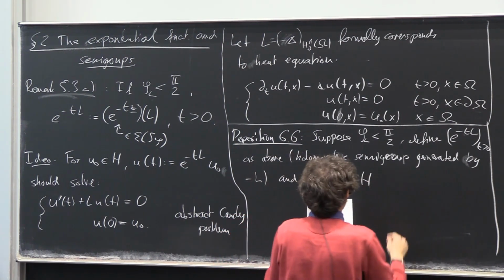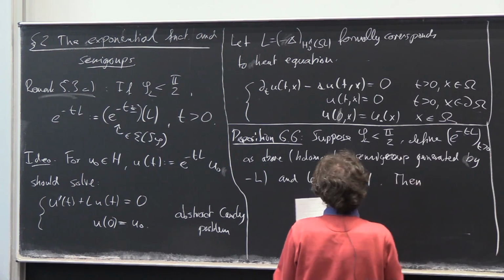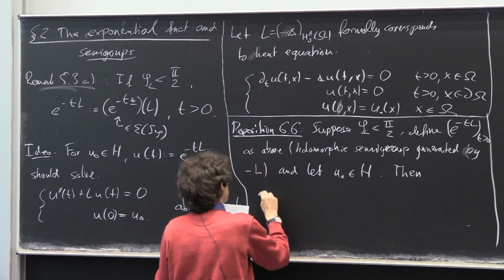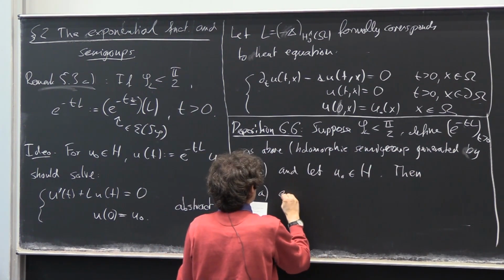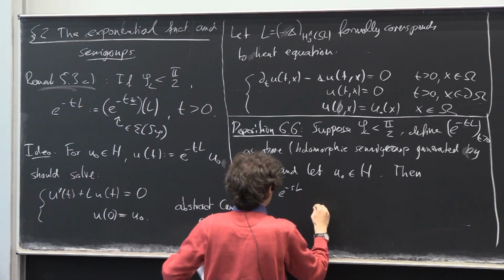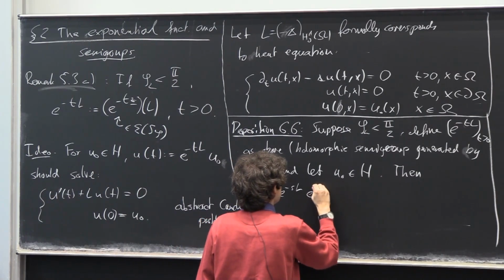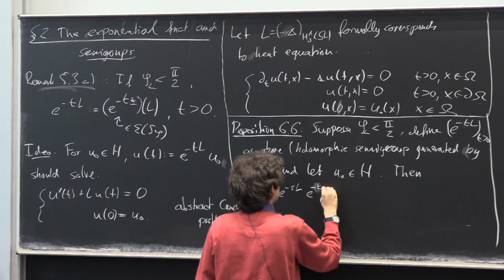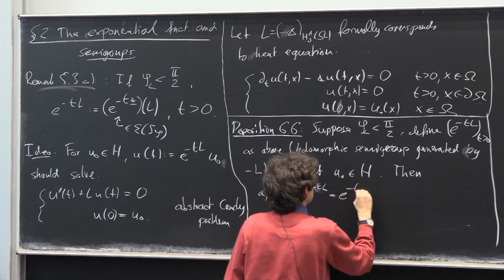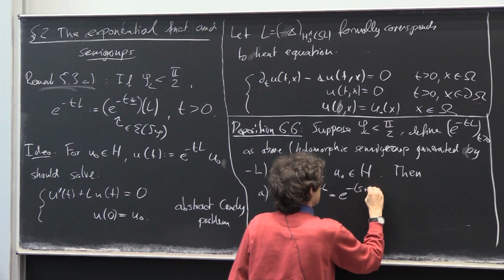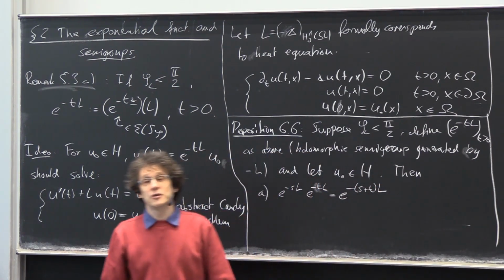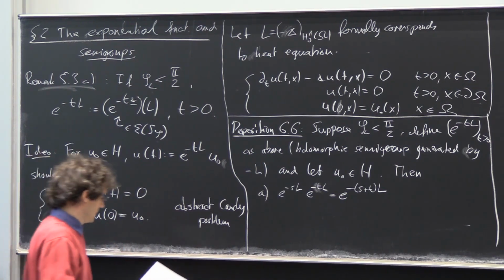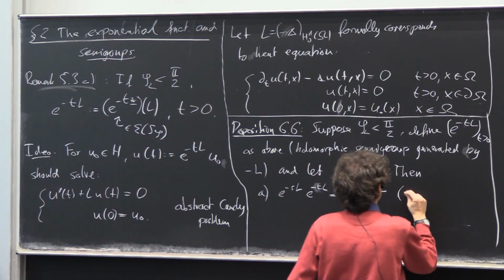So let's also take a u_0 in H, some initial value. Then first thing, you have the usual law for the exponential functions. So e to the minus sL times e to the minus tL is the same as e to the minus (s plus t)L. And this is the semigroup law, so this is why it's called a semigroup. So this is the semigroup property.